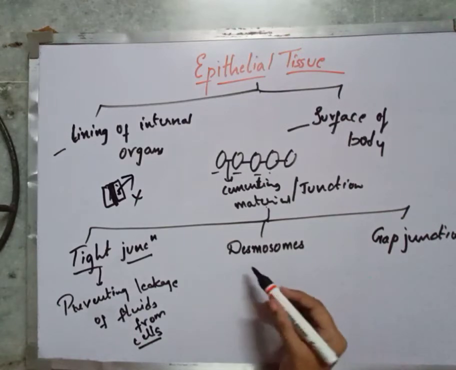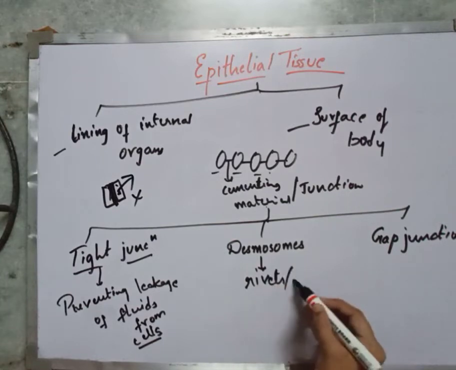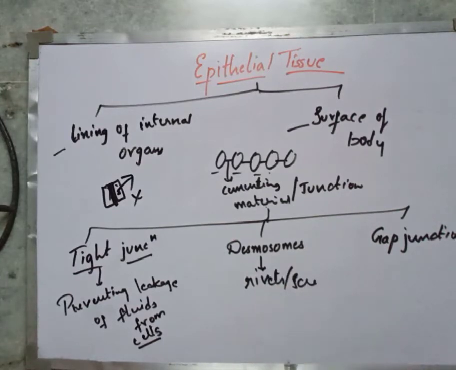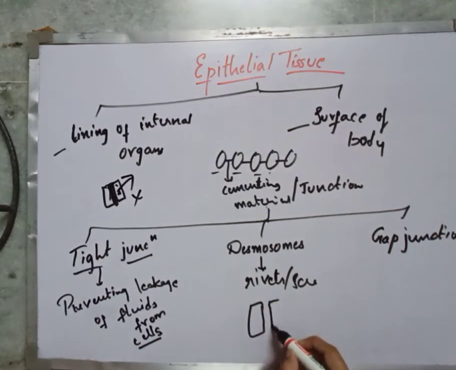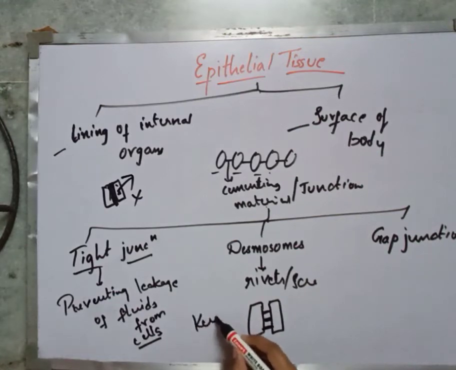Desmosomes act like rivets or screws. As we know, screws bind two objects together, and in the same way, desmosomes bind two cells. They also contain keratin filaments, which give support to the desmosomes.